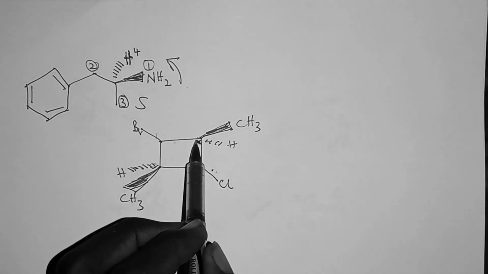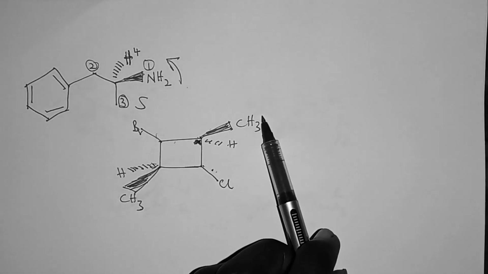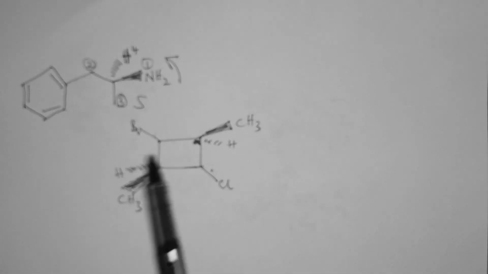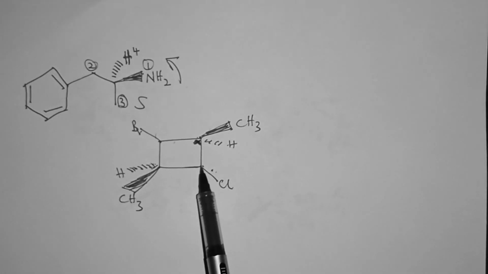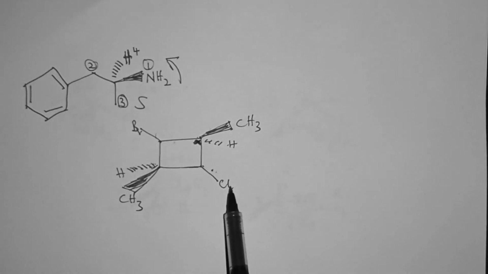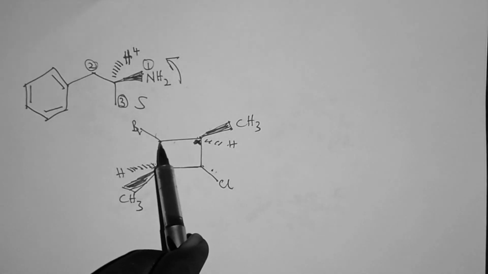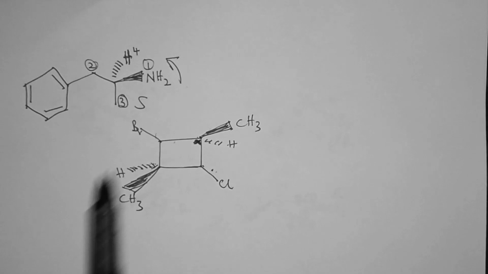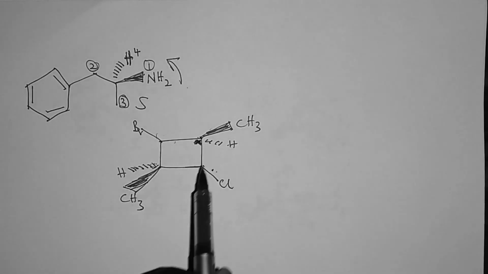You see that in that case, this carbon becomes a chiral center because we have a CH3 group here. Then we have a CHBr group in this case. And then in this case, we have a CHCl group and then a proton here. So because we have 4 different groups bonded to this carbon, it is a chiral center.